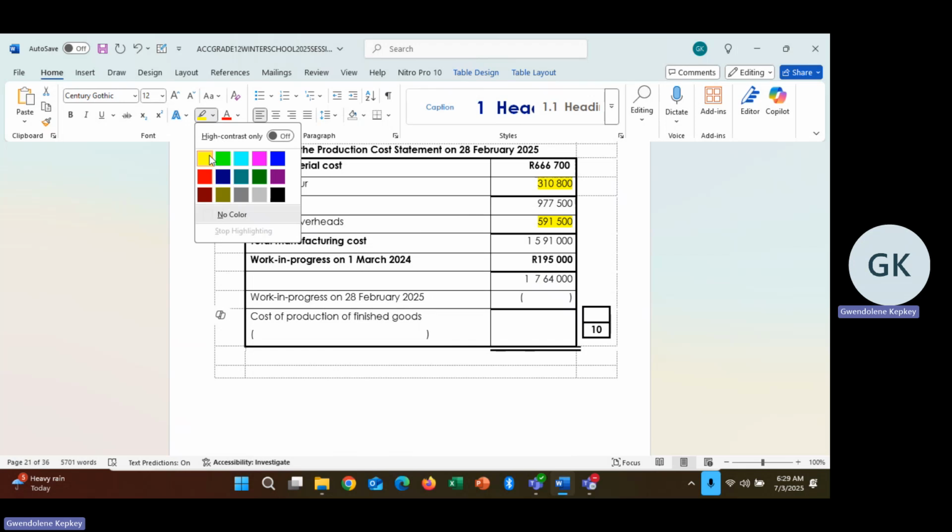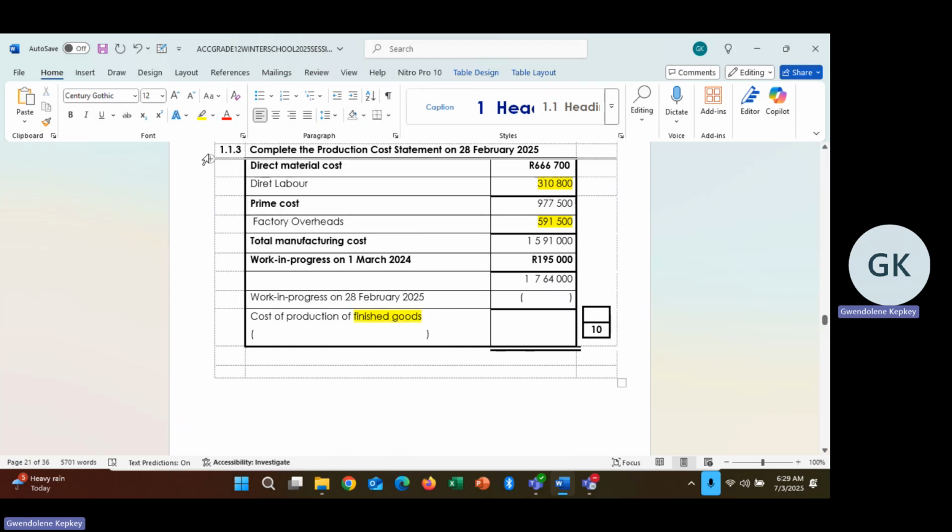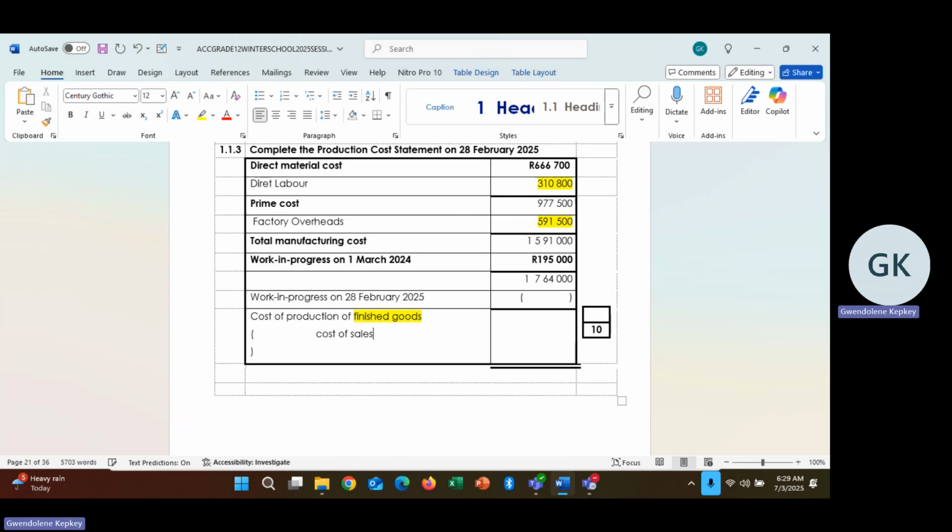Okay, so if I do that, I do the following calculation. I am now going to find out what I must do here. In the middle, we're going to put my cost of sales.